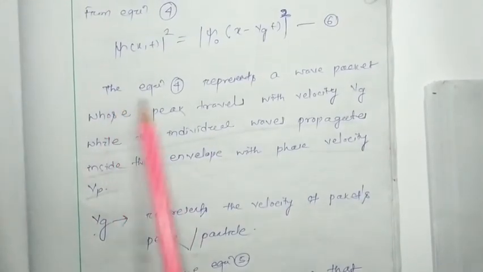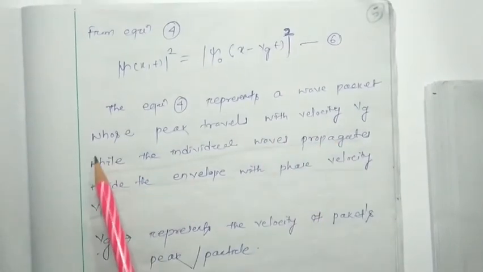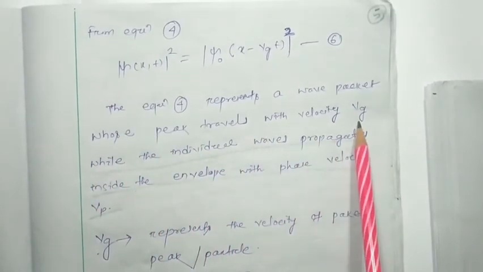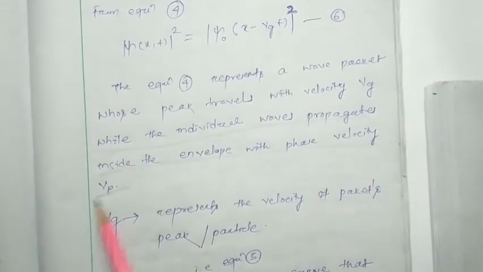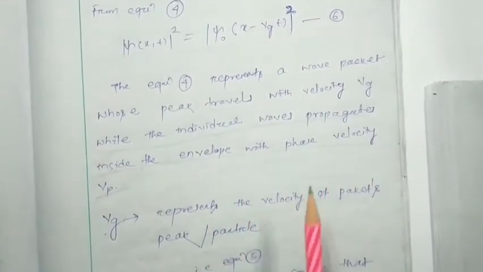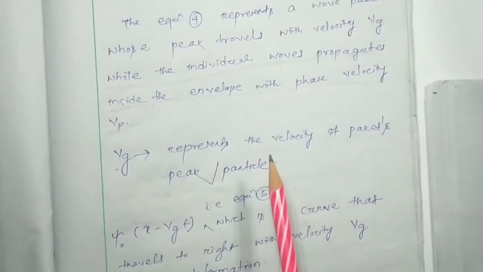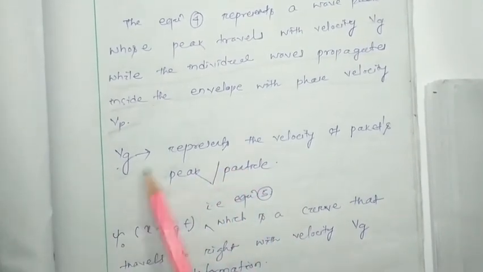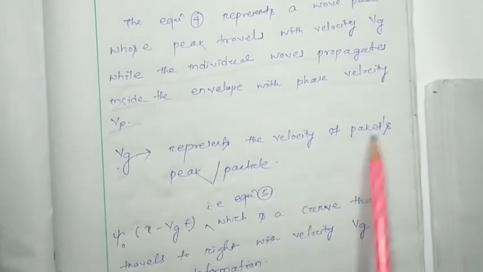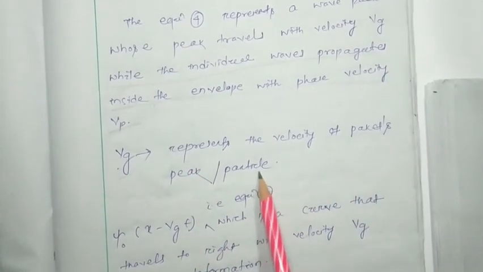So equation 4 represents a wave packet whose peak travels with velocity vg while individual waves propagate inside the envelope with phase velocity vp. Here phase velocity is some average velocity of all the individual waves. So vg represents the velocity of the packet's peak or particle.